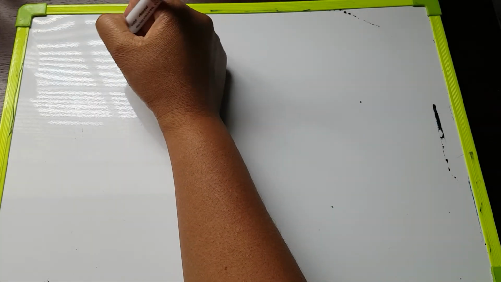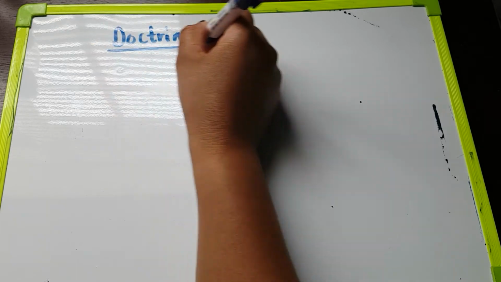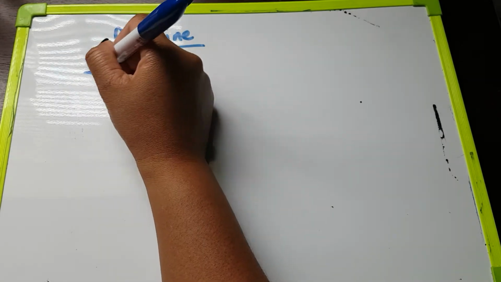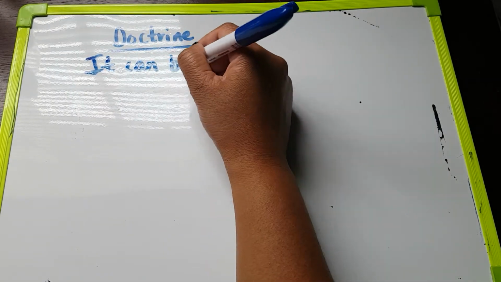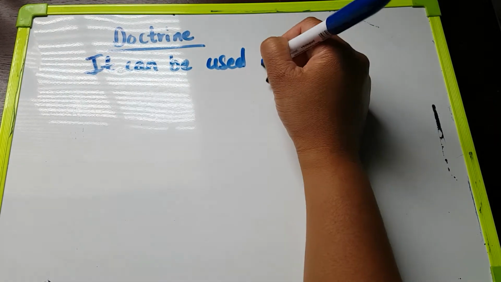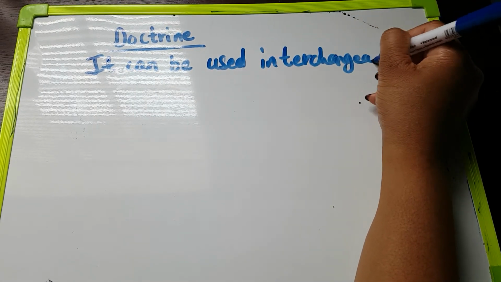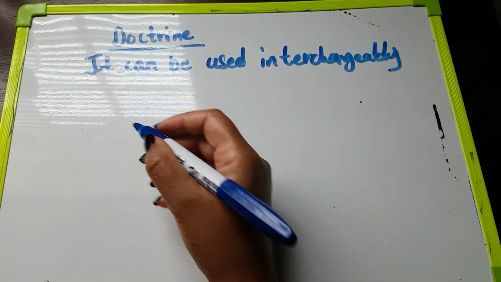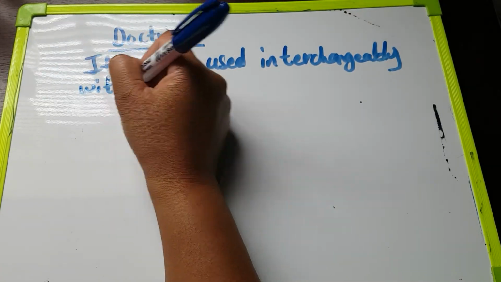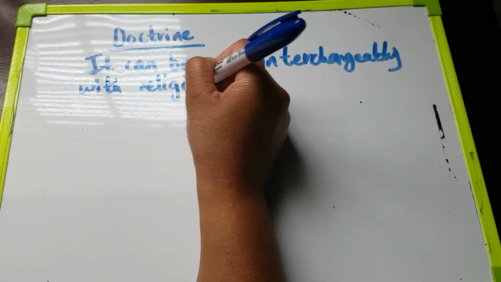Term number 3, we have doctrine. What is doctrine? So, doctrine can be used interchangeably with religious teaching.